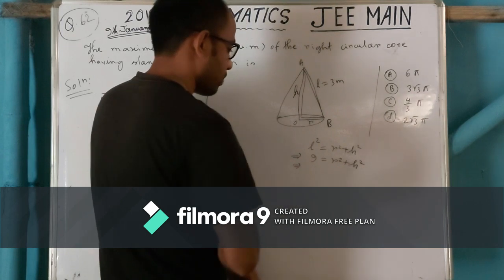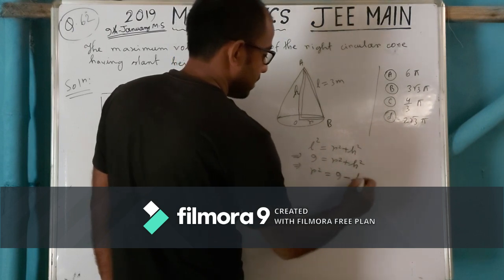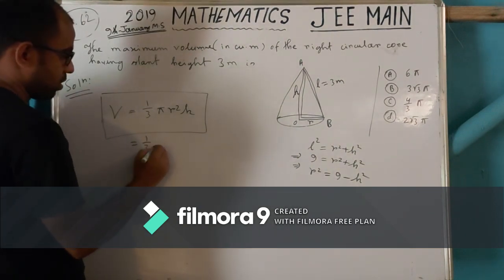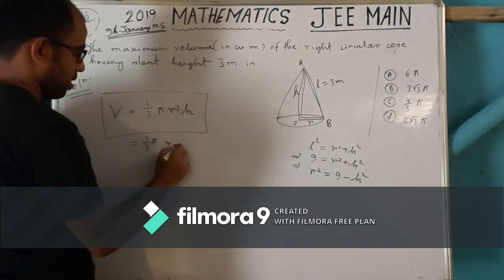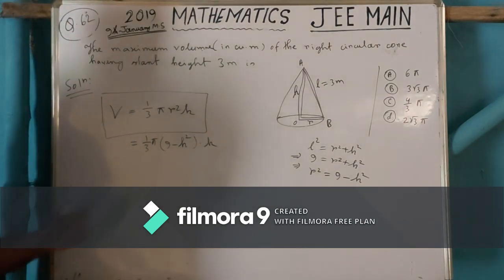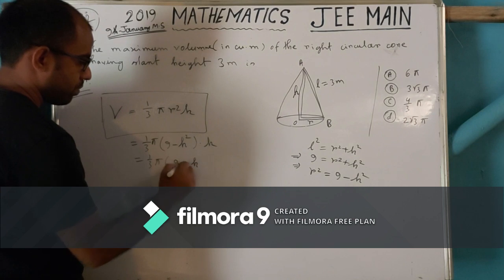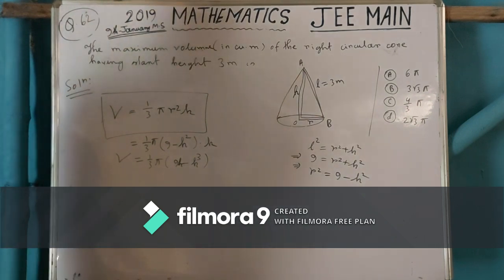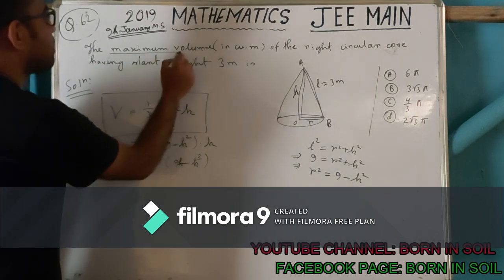So R square equal to 9 minus H square. So here we replace R square, V equal to pi by 3 into 9 minus H square into H. We simplify: 9H minus h cube. This is the point where we find the maximum value.